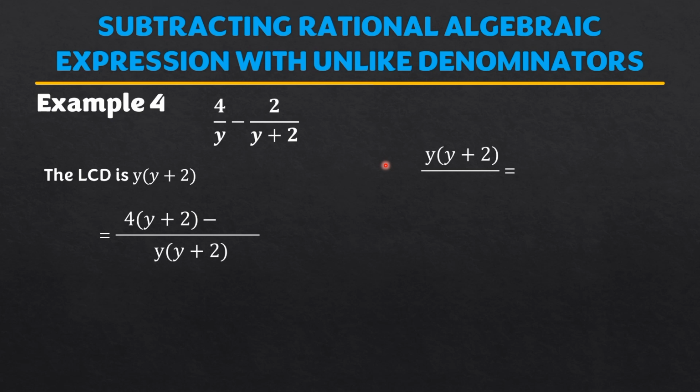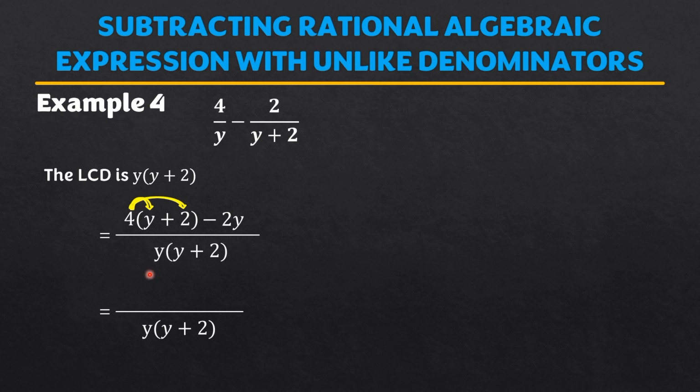And then multiply it by 2, which is equal to 2y. So that's it. After that, we will apply the distributive property here. So 4 times y is equal to 4y, and then 4 times 2 is equal to 8. And then copy negative 2y.